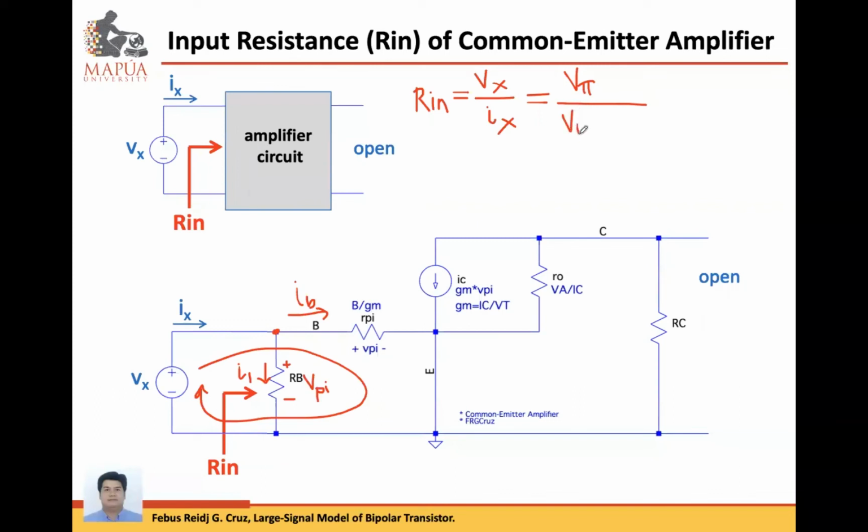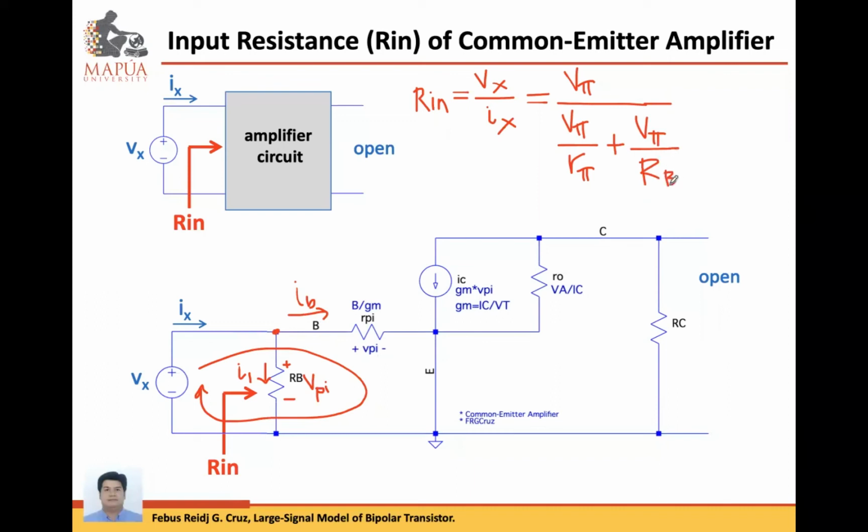So Ix is IB, and it is equal to V pi over R pi, all right, plus I1, where I1 is, again, V pi over RB.